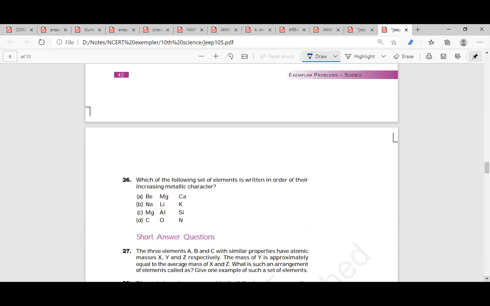Which of the following sets of elements is written in order of their increasing metallic character? Along the period it decreases, so down the group. Option A: beryllium, magnesium, calcium, one below the other. So down the group, metallic character increases.